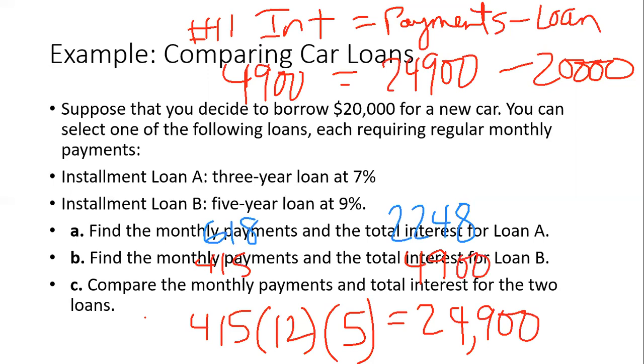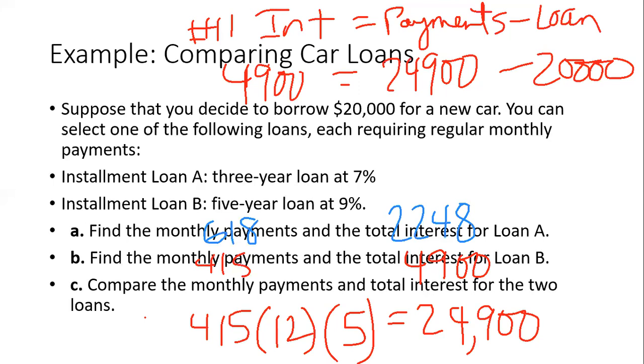So although our payments are $200 cheaper, in the end, we end up paying more than $2,000 extra on loan B compared to loan A. So when you are considering which loans to take, you have to balance out, is it more important for you to have lower payments per month?